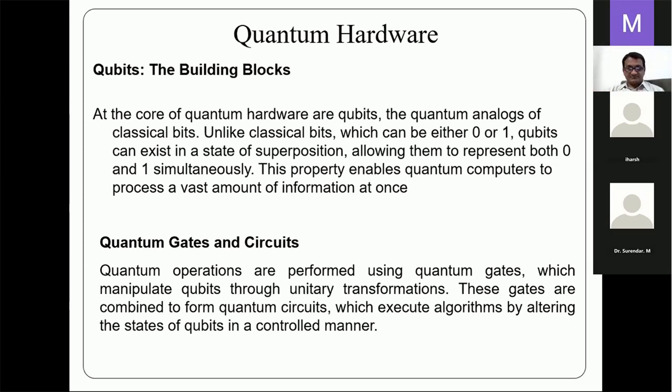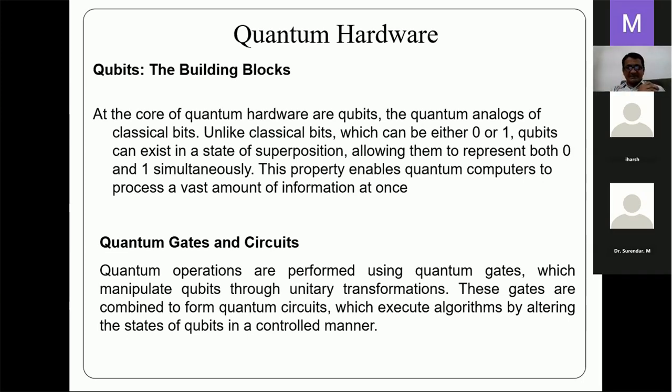Okay, so let's try to understand the building block first. At the core of quantum hardware are qubits, the quantum analogs of classical bits. Unlike a classical bit, which can be either 0 or 1, as I already discussed, qubits can exist in a state of superposition, allowing them to represent both 0 and 1 simultaneously. This property enables a quantum computer to process a vast amount of information at once.